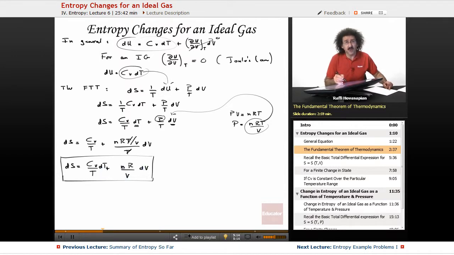In other words, the number of moles times the gas constant divided by the volume of the system. This is the differential coefficient for the volume component of the entropy. That's it. Let's go ahead and call this equation 1. So for an ideal gas, this is the equation that you want to memorize if you want to. It's pretty easily derived, so it's not a problem, but there it is.